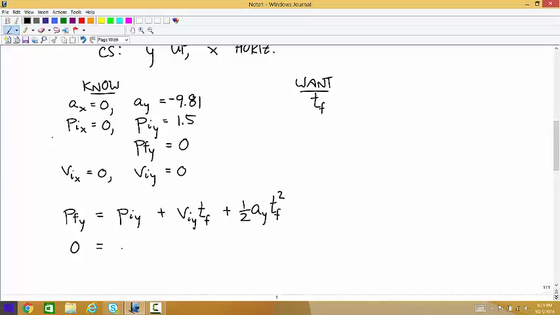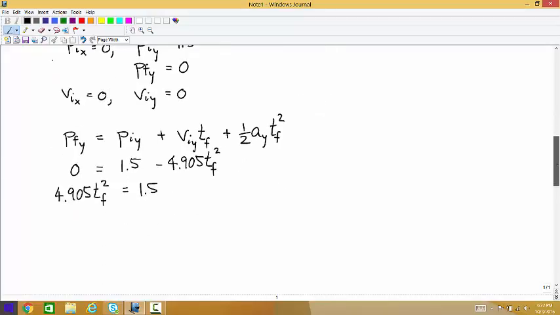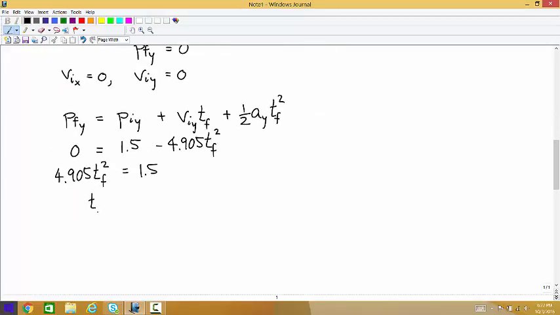So 0 is equal to 1.5 minus 4.905 tf squared. So 4.905 tf squared is 1.5. And then tf squared is 1.5 divided by 4.905.